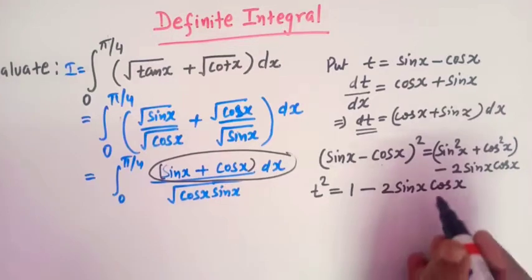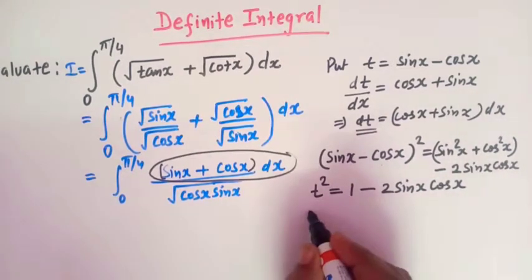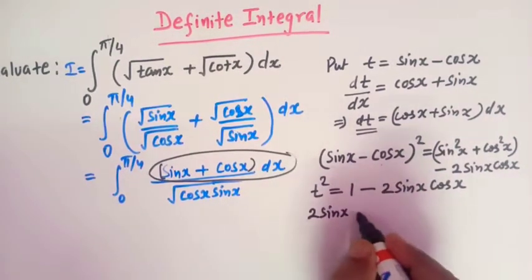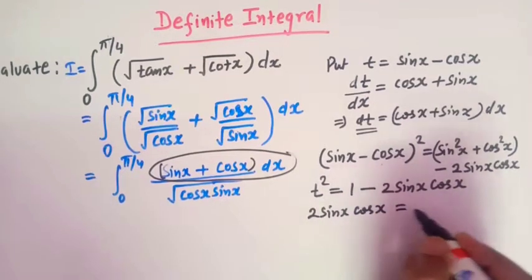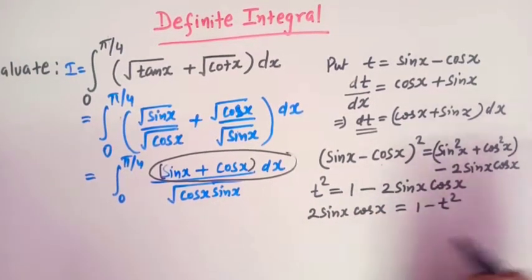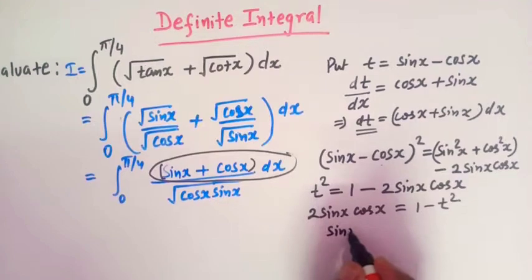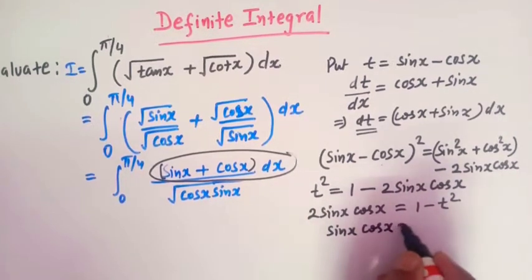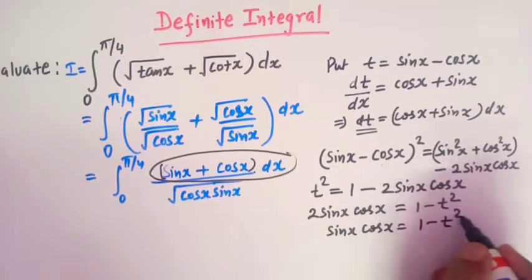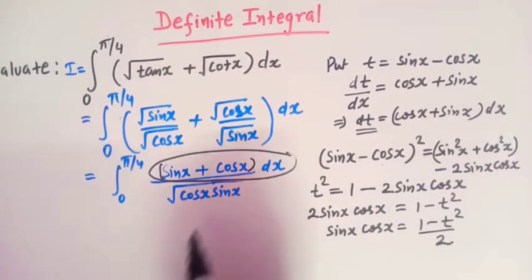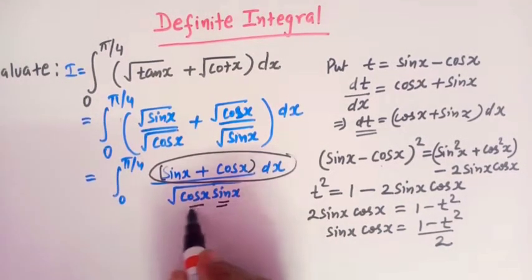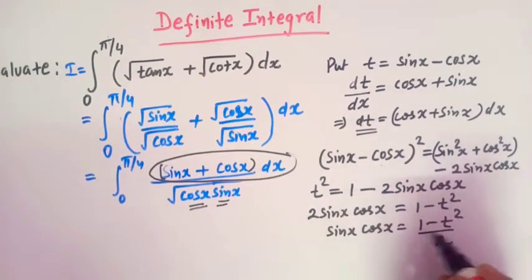So 2 sin x cos x is equal to 1 minus t square, and sin x cos x, the product of sin x and cos x, is equal to 1 minus t square over 2.